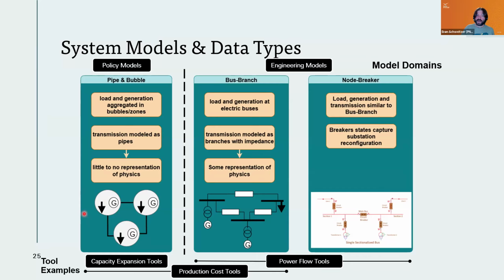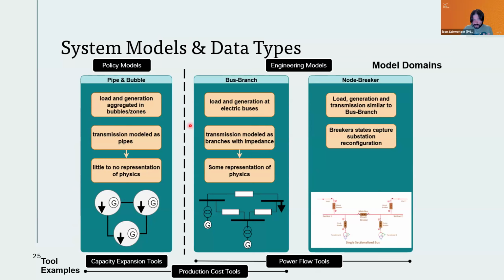These kinds of models have little or no representation of the underlying physics of the system. And these are the kind of models that you see often used for policy evaluations. This is your classic IRP resource planning type of model.